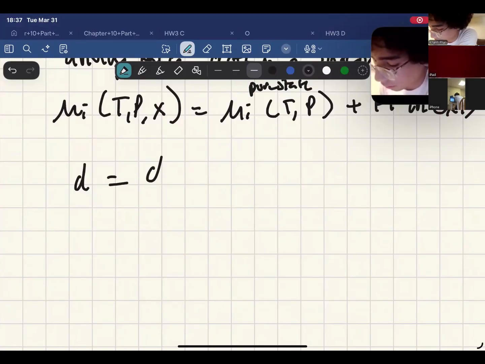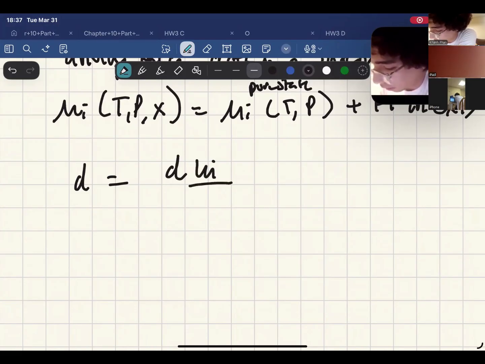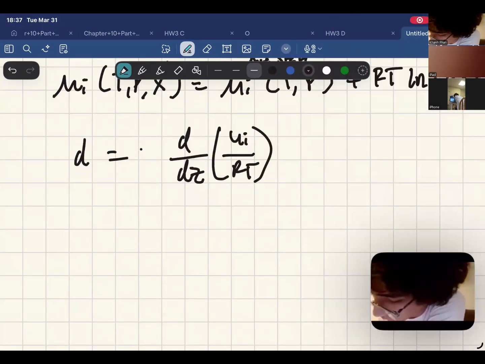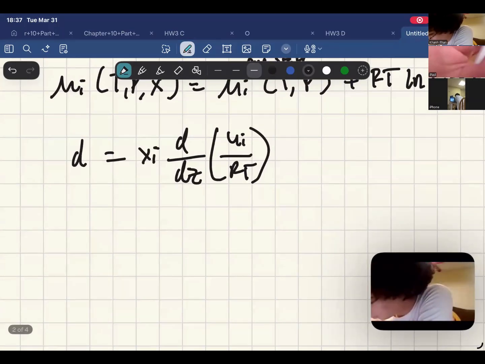So the driving force d is equal to the derivative with respect to z of μ_i over RT, and then there's also x_i over here as well.